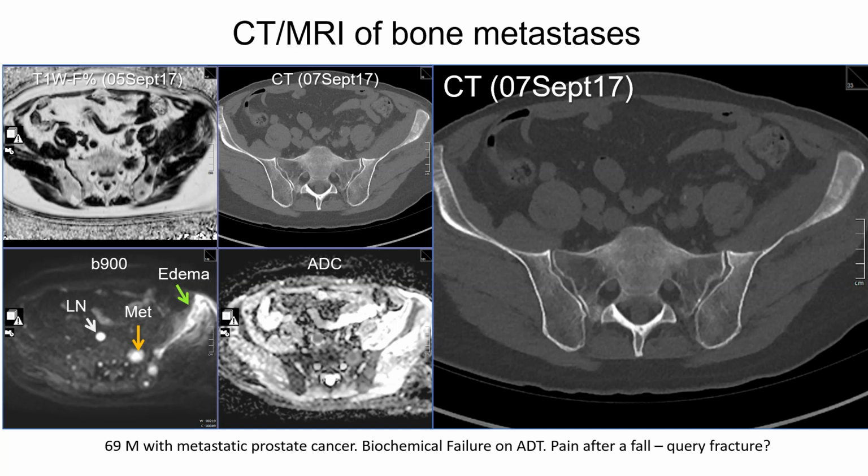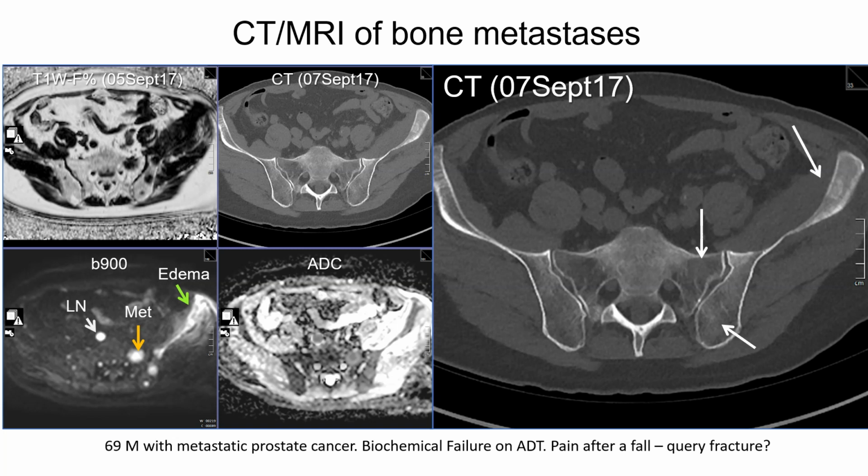So when you undertake a multiparametric examination of the bone marrow, there are a number of patterns that are visible. Not all patterns are seen at the same time. So in this particular instance, if you look at the left iliac bone, you'll see this has a typical ground glass appearance of woven bone.